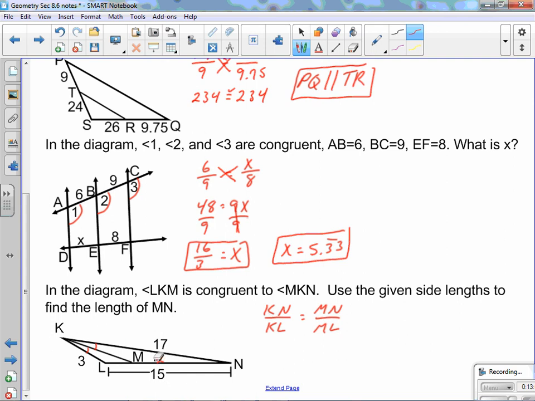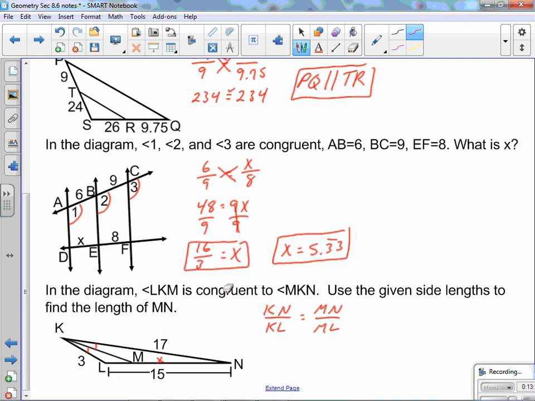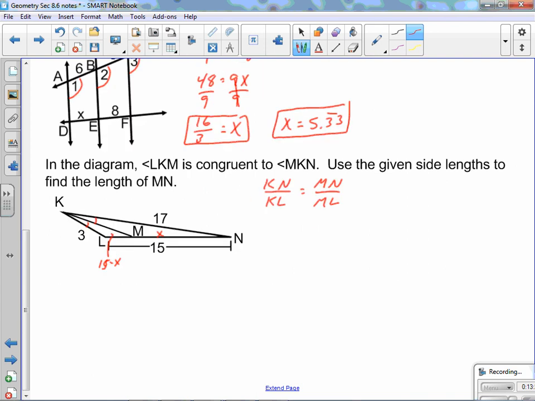Because if this was 9, we'd subtract that from 15 and we'd get 6 for this length, right? So LM is 15 minus the X. So now we can use those values and build the ratio just like we've got it here. KN over KL, MN over ML.